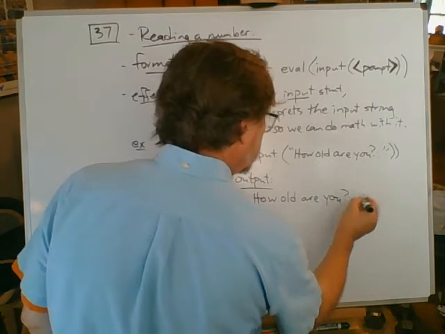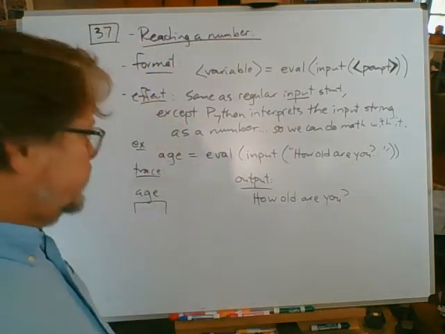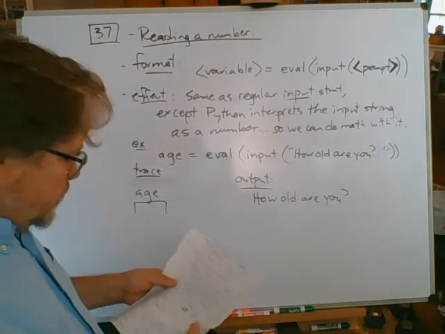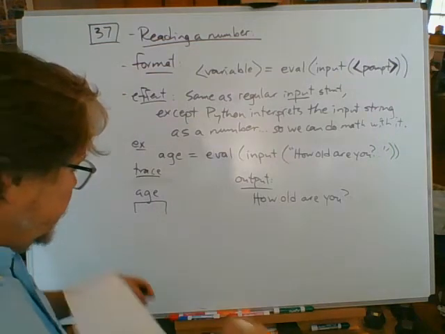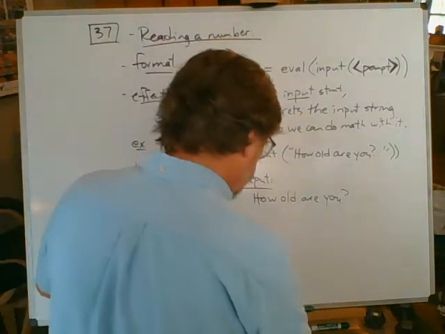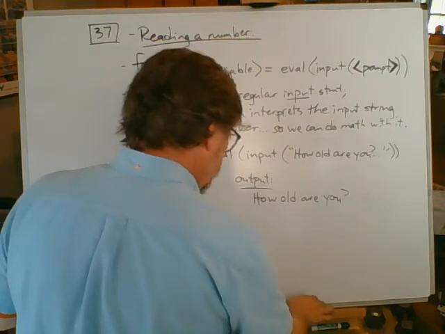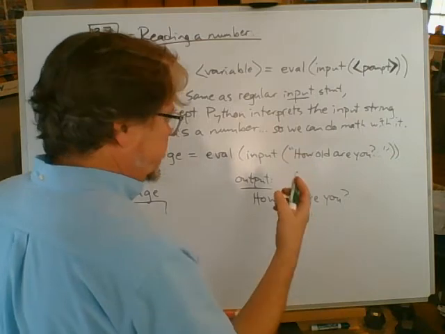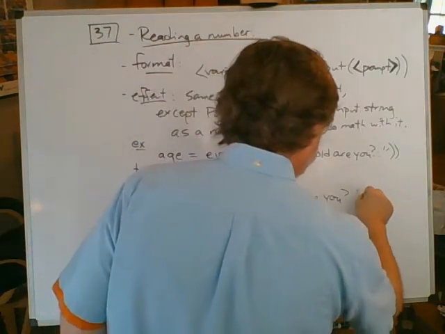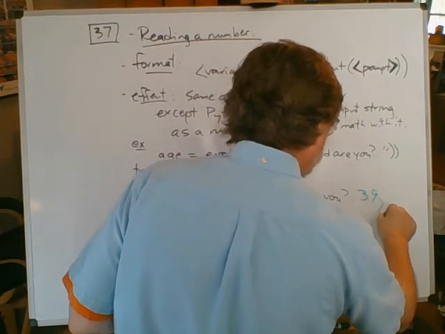Question mark, colon. And then the cursor just sits there and blinks, waiting for you to type in some number. And since I'm the one running the program, I'm going to type in, in green input, 39, and press enter.